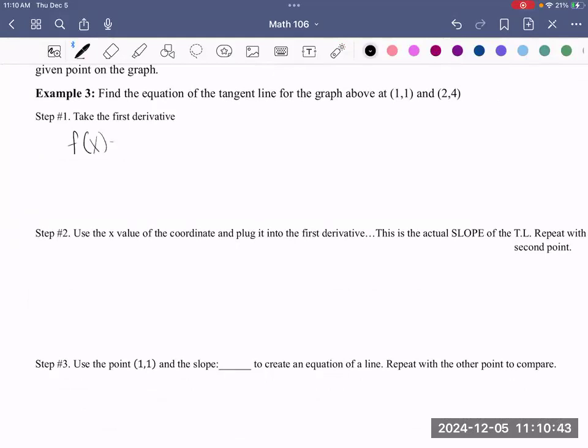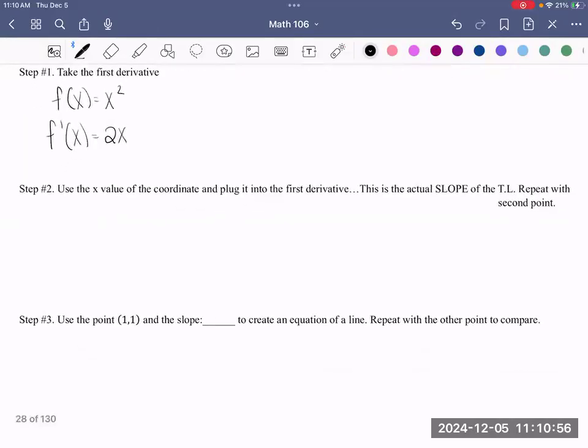If we're starting with f of x is equal to x squared, your first derivative, as we did previously, is 2x. Now the next values are kind of breakdowns. So step 2, use the x value of the coordinate and plug it into your first derivative. This is your first derivative here. This is the actual slope of your tangent line.